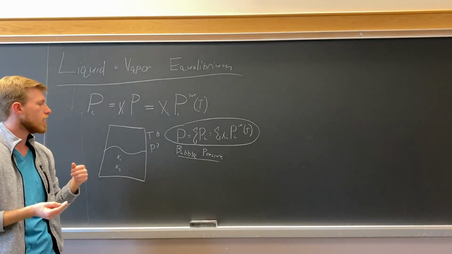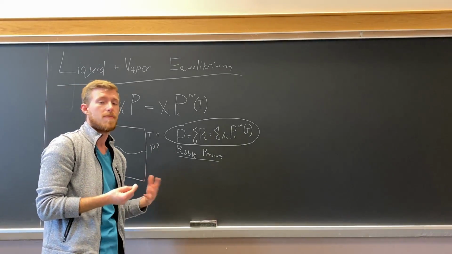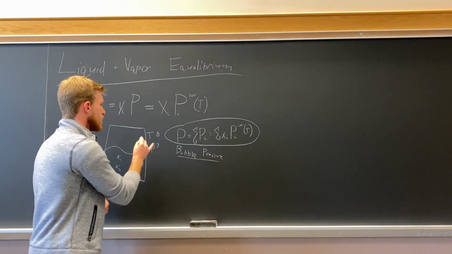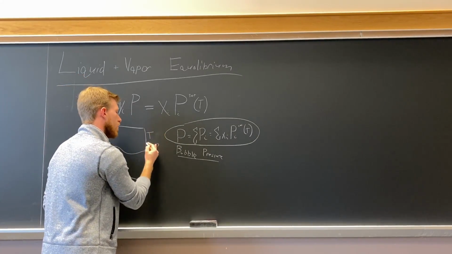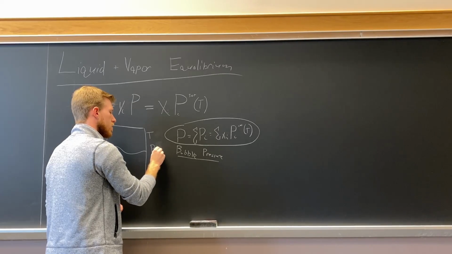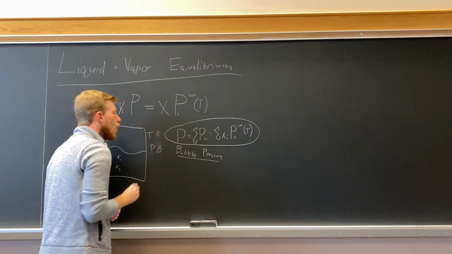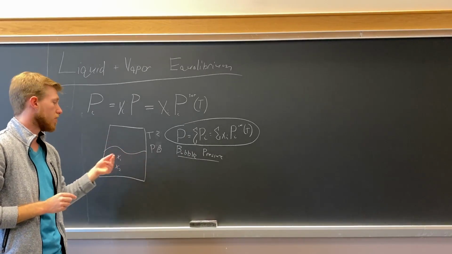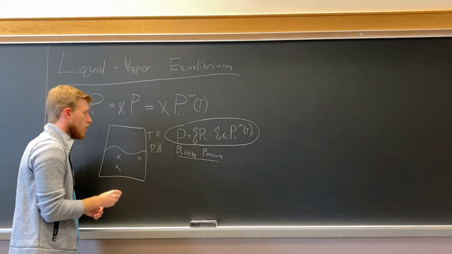Now, to do this in reverse is a bit more complicated, because to find the bubble temperature, if I erase this with my finger real quick, we would instead lock in our pressure and say, for what temperature at a certain pressure will the first bubble form?